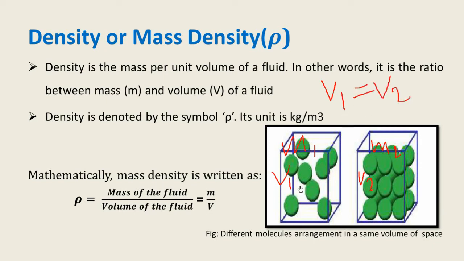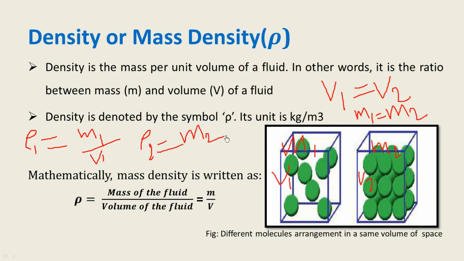Here the volume v1 equal to v2, but m1 does not equal m2. When you write down the density for case 1, rho 1 equal to m1 by v1. Similarly, when you write density for the second case, rho 2 equal to m2 by v2.